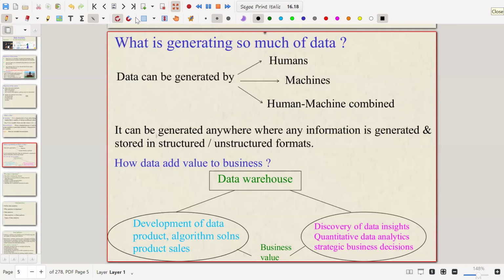So if an item leaves their shop, it has to be scanned. They should know that this item has left the shop. So therefore they need to scan it. Fine. And by scanning it they have another advantage. Can any one of you predict it?